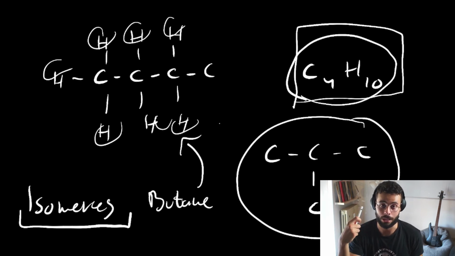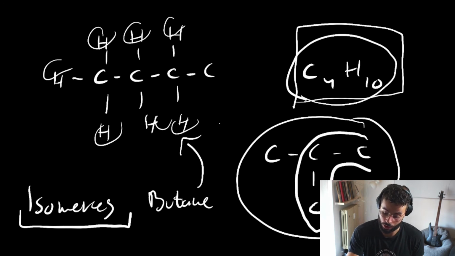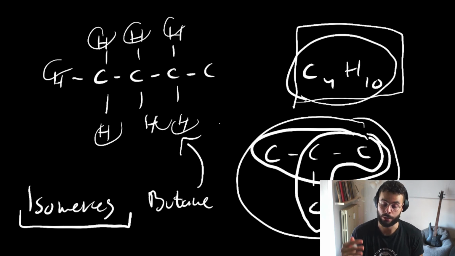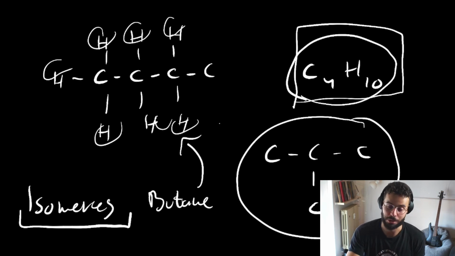So in order to name it, you just find the longest carbon chain, which is either this or this, and you have 3 carbons. And I will teach you in the future how to find the rest of the nomenclature. So right now I will just give you an example, but don't be overwhelmed because I'm going to explain everything in future videos.